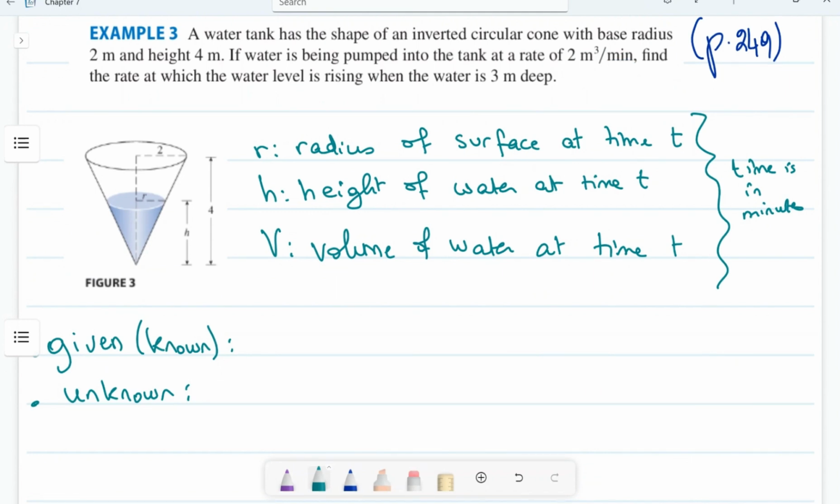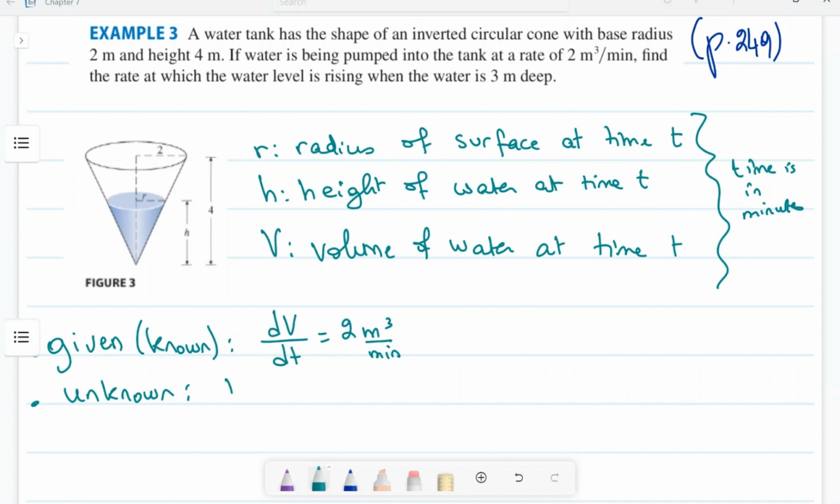Minute is time. So we can say dV dt, the rate of change of volume, is 2 meters cubed per minute. Now what are we looking for? The rate at which the water level is rising. Water level, the level is this height h, when the water is 3 meters deep.